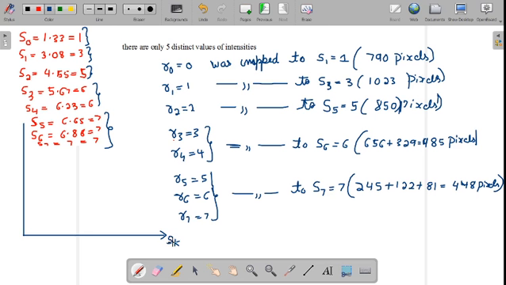Output means Sk. Whenever it's a histogram, if this is Sk, this should be the probability of Sk. If this was Rk, at the output you will be getting the S domain. Since it is Sk, it should be the probability of Sk. So you look over here.